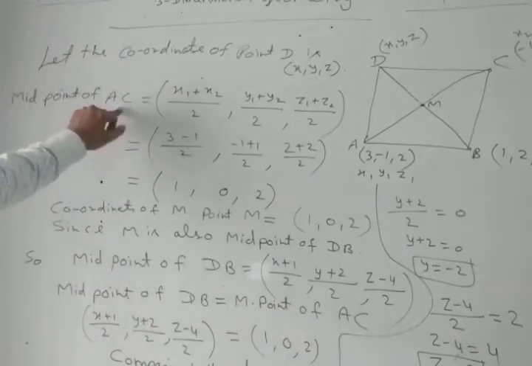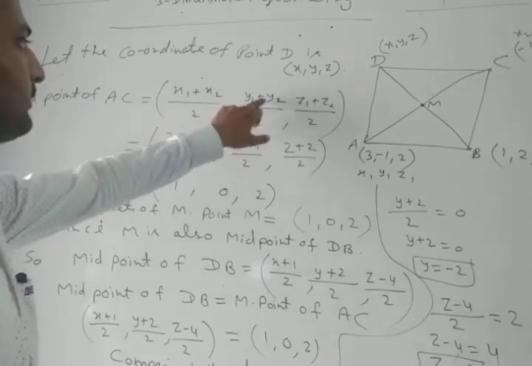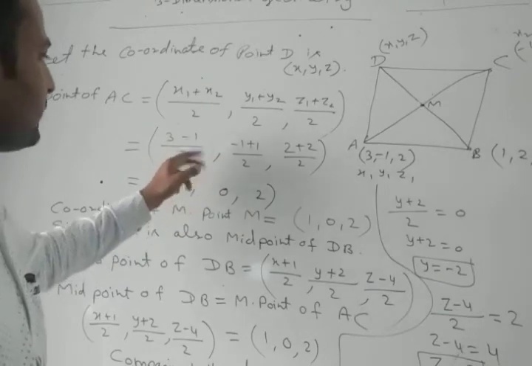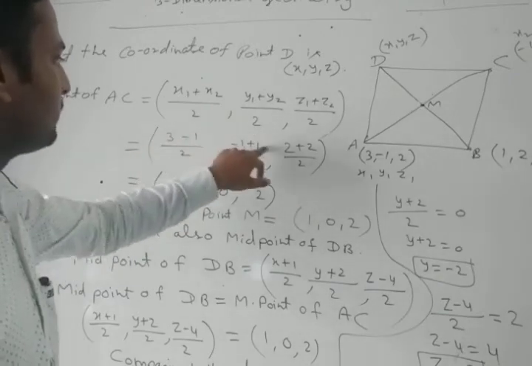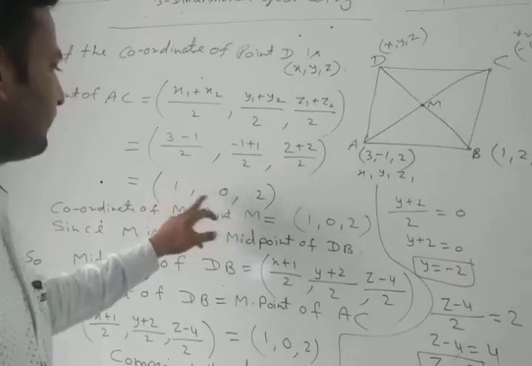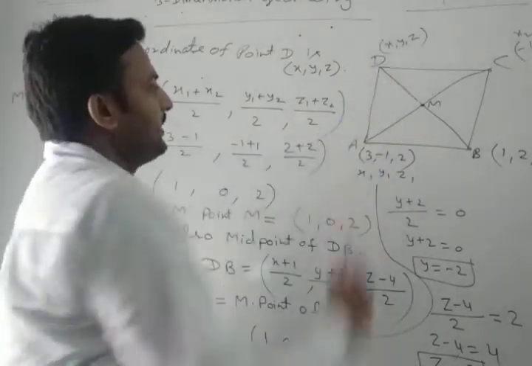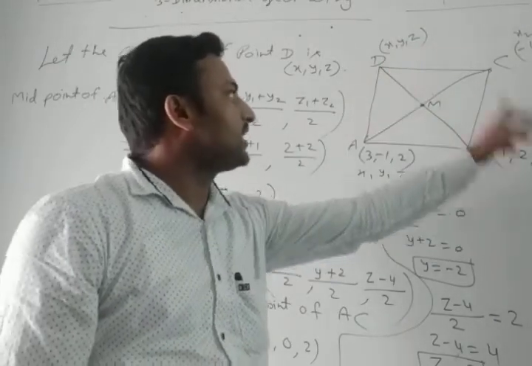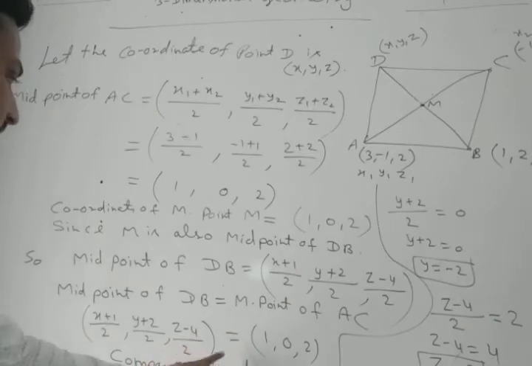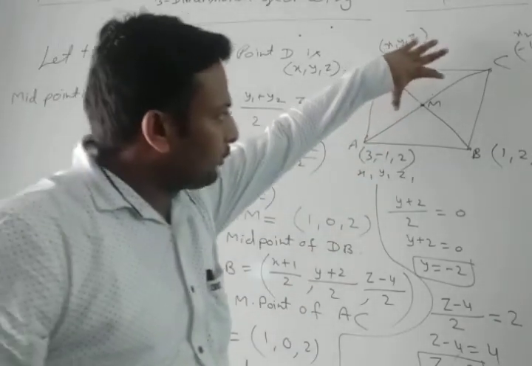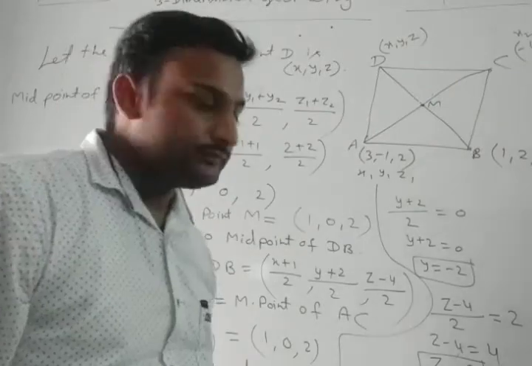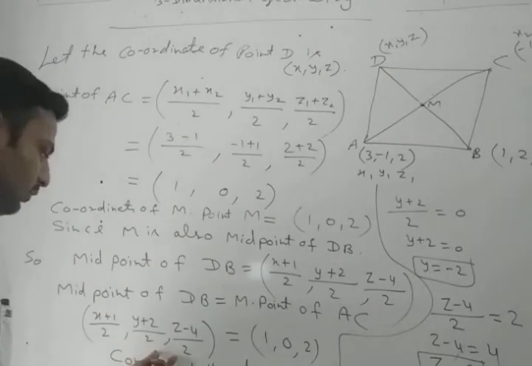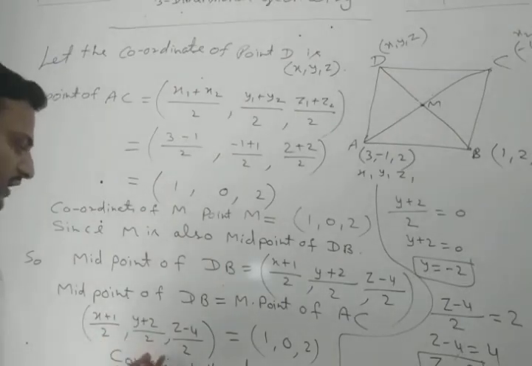The midpoint of AC is (x1 plus x2 upon 2, y1 plus y2 upon 2, z1 plus z2 upon 2). Putting in the values, we get (3 minus 1 by 2, minus 1 plus 1 by 2, 2 plus 2 by 2), which is 1, 0, 2. Now the midpoint of BD is (1 plus x by 2, 2 plus y by 2, minus 4 plus z by 2). The midpoint of AC is equal to that of BD, so equating both, we compare the x, y and z coordinates.